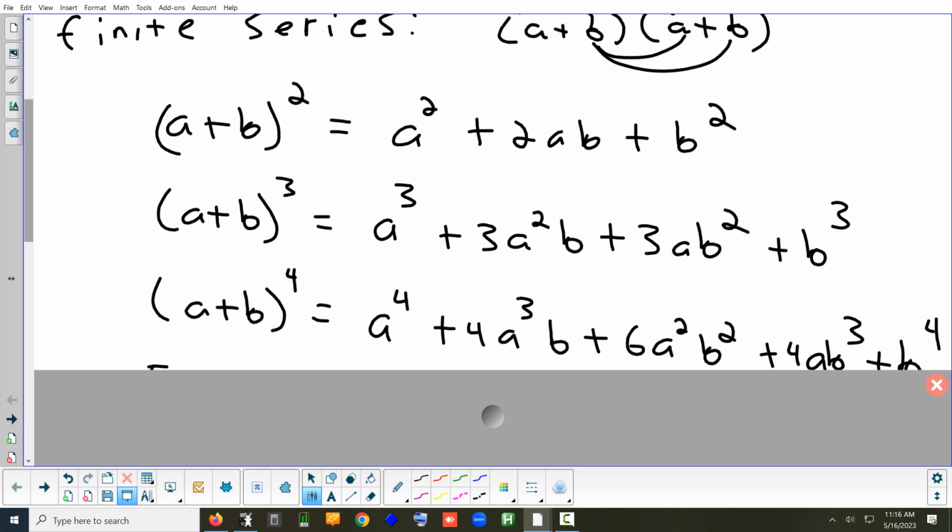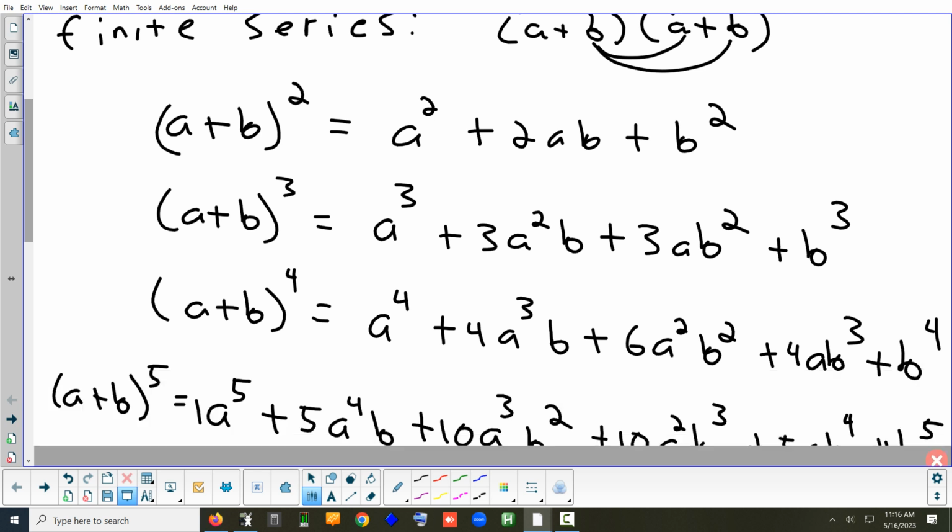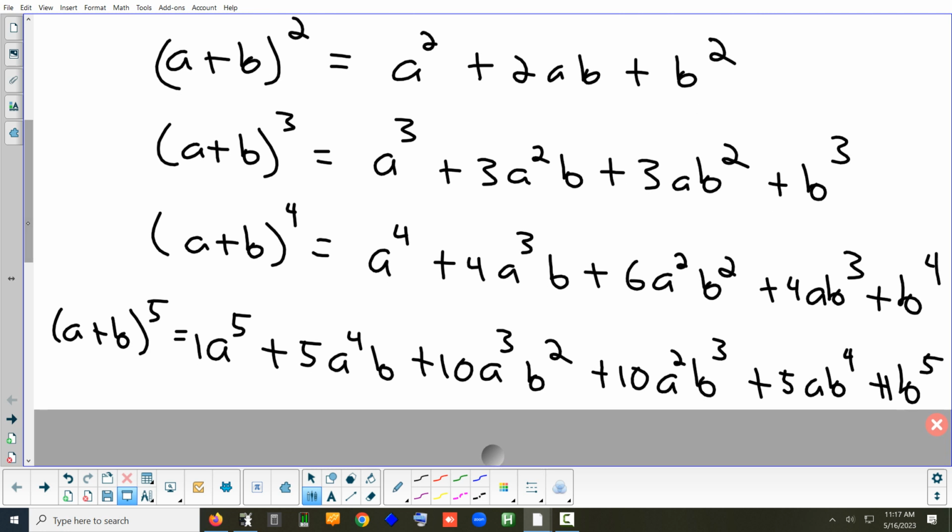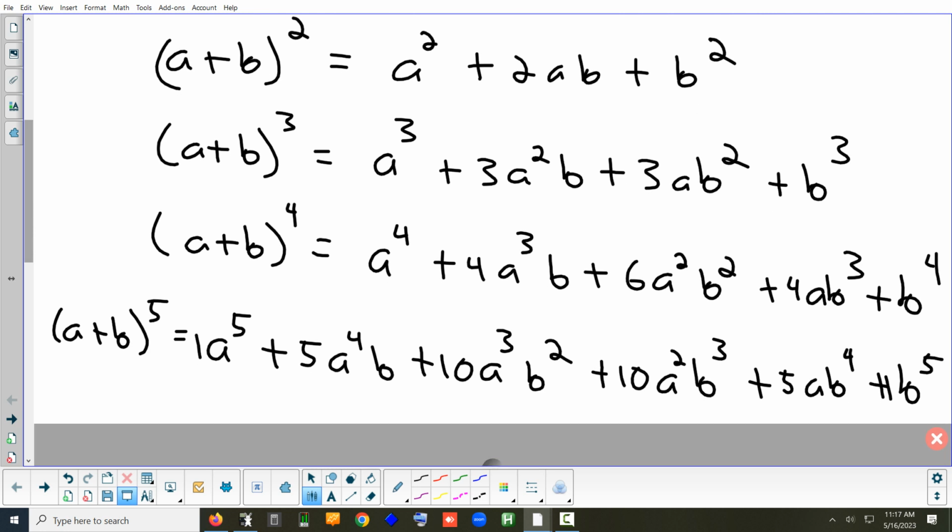I'll just ask you for one of them. They definitely start to expand quite a bit as you keep raising this power. But there's lots of patterns here.